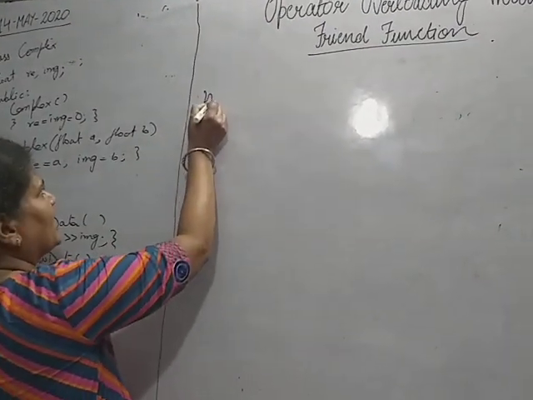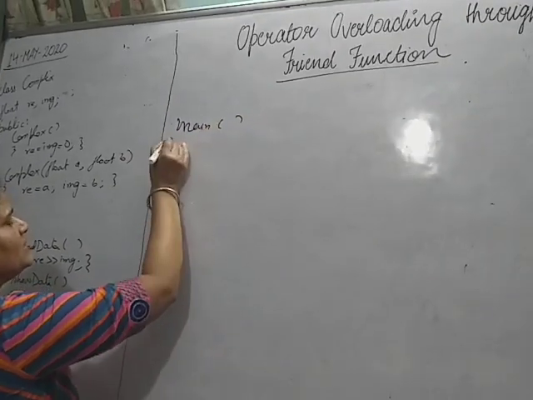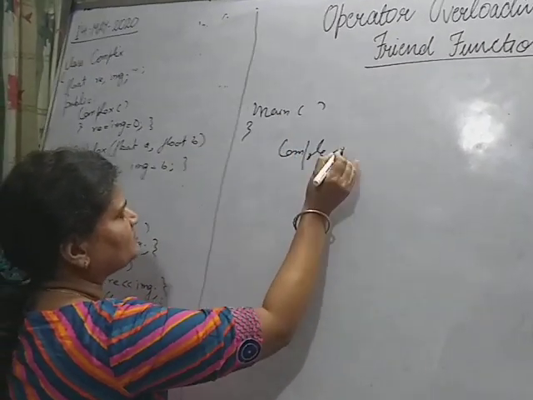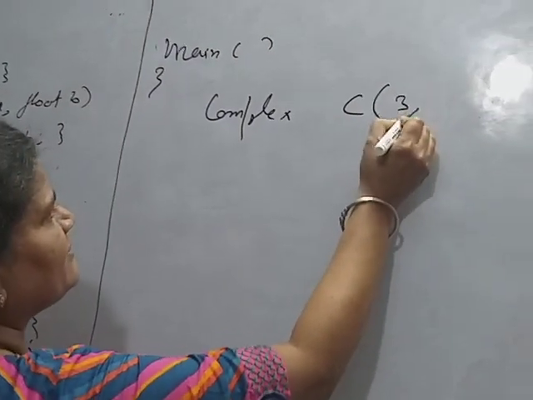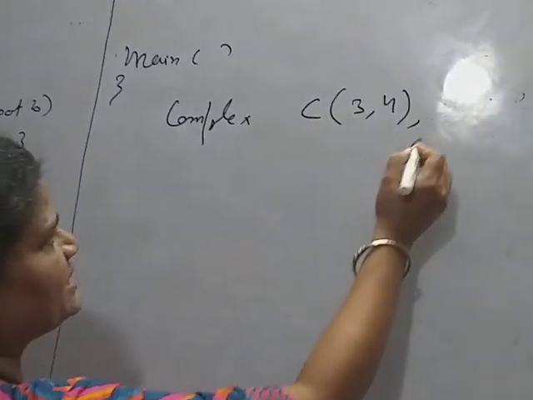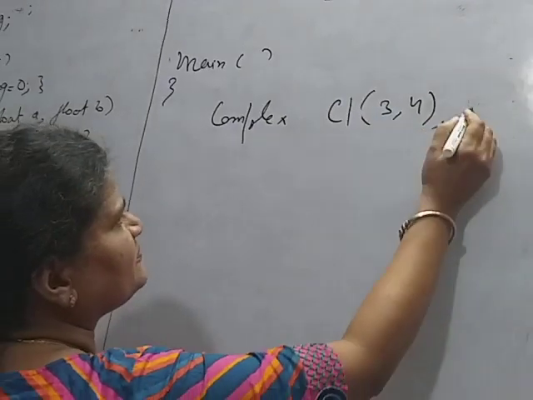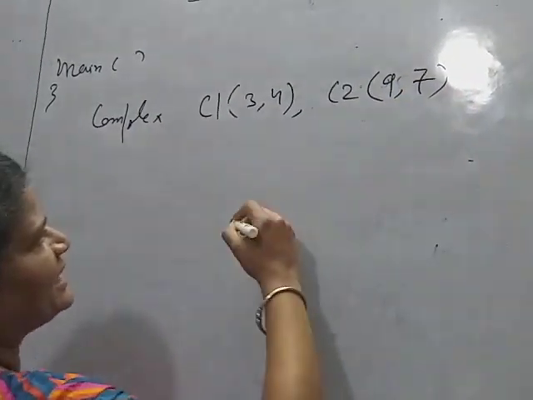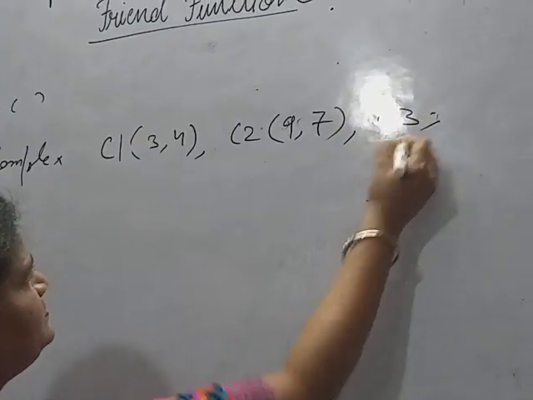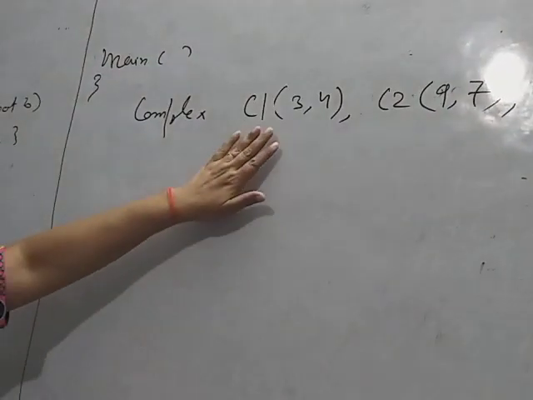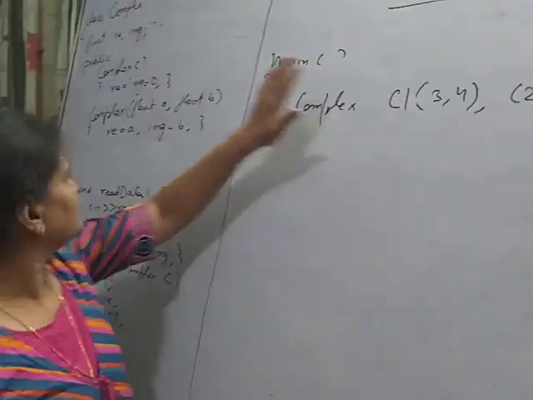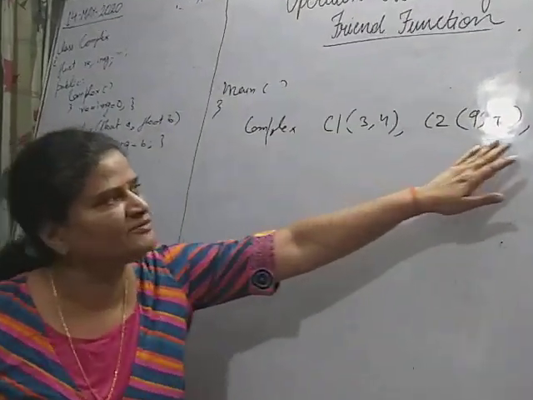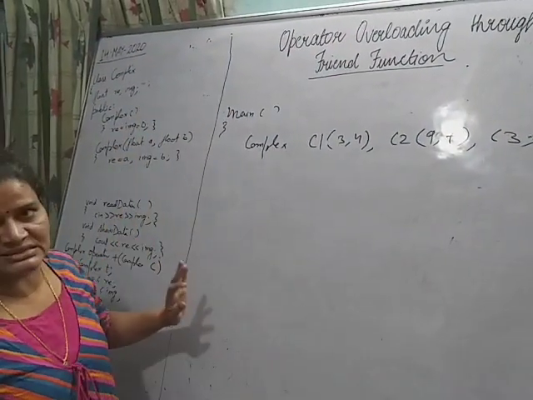Suppose in main I create objects of class complex, C1 with 3, 4, C2 with 9 and 7, and then C3. For the first two objects the two argument constructor will be called, and for C3 the no argument constructor is called.